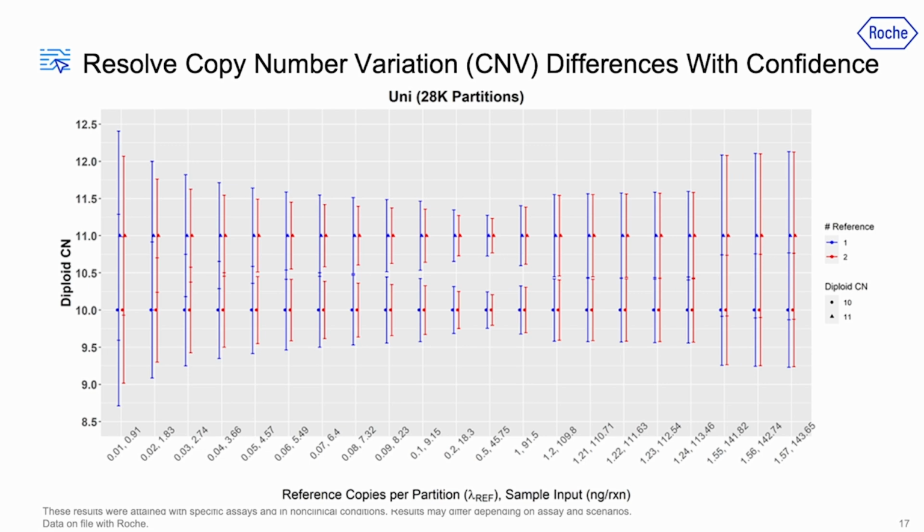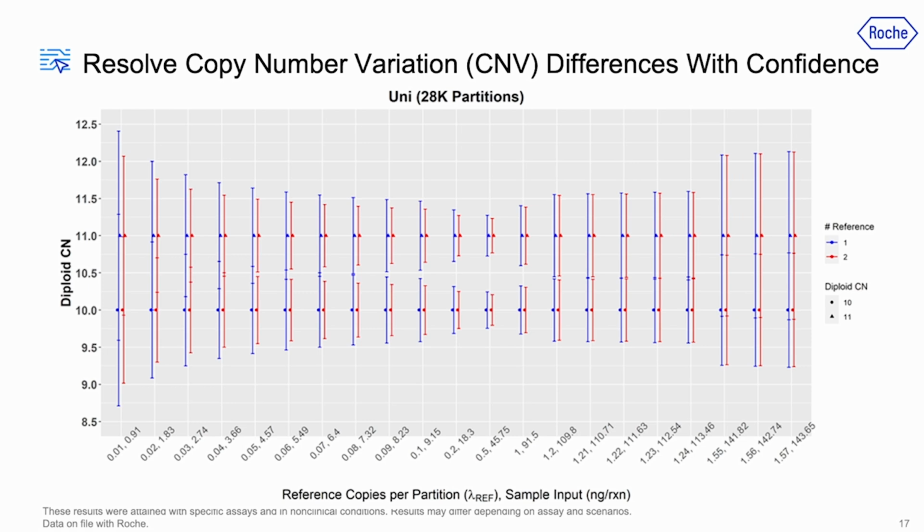So now what I'd like you to appreciate is that when we're looking at the number of partitions, in this case 28,000 partitions on the universal configuration of our plate type, you can see that as you start to look at separation, where there's no overlap between the confidence intervals, which essentially means that you have confidence in detecting that copy number difference of 10 and 11, it's a very, very small dynamic range that's only situated here and here.